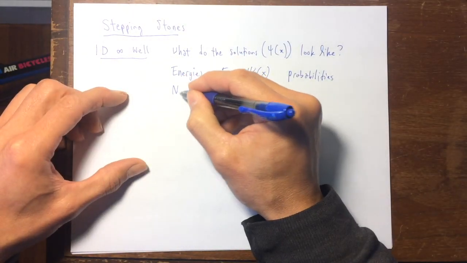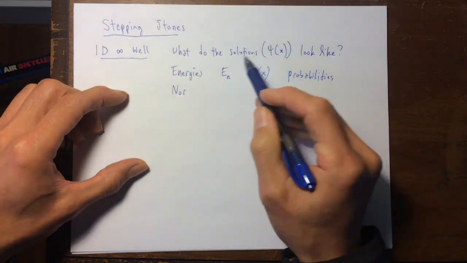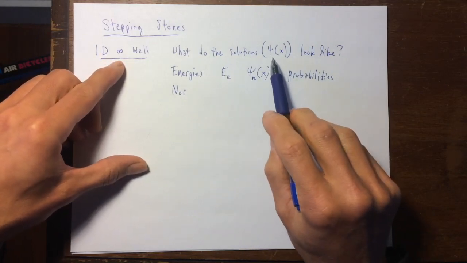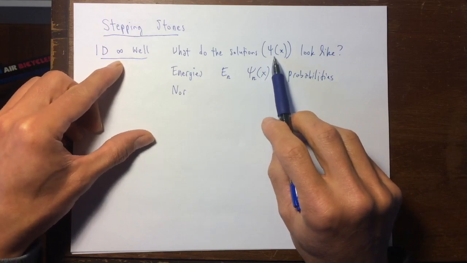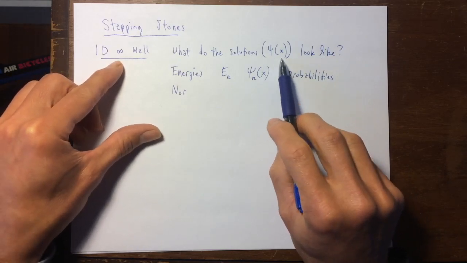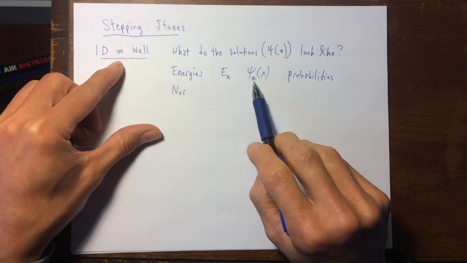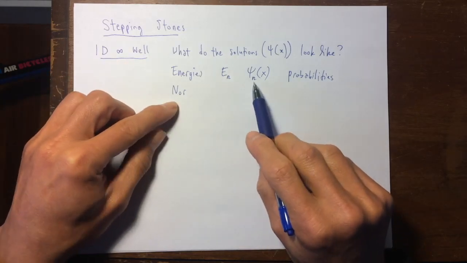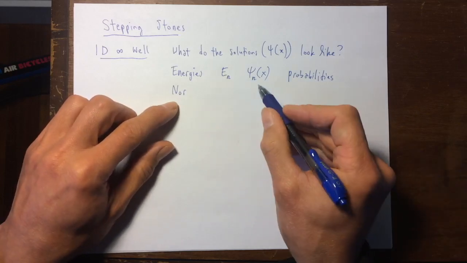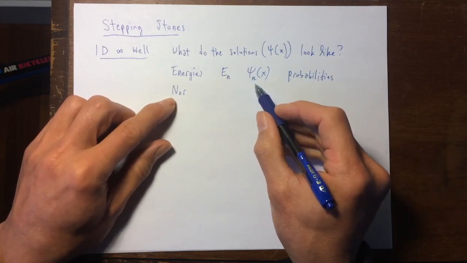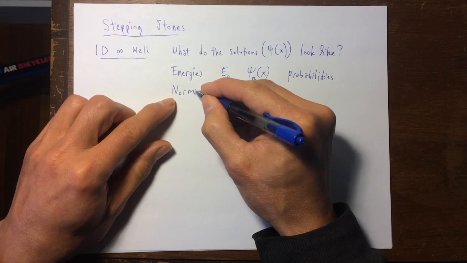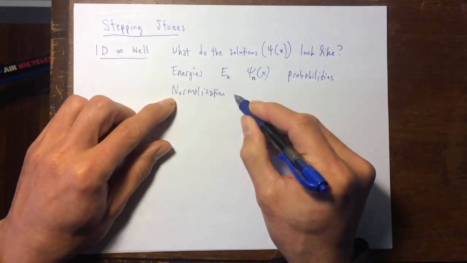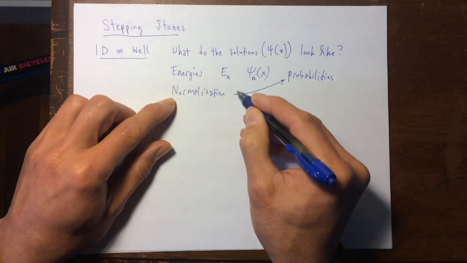You might wonder, what do these solutions look like? Did the book show you all of them, or tell you what they look like, or is there a limited number of them? How high does the number n go? Is n bounded? Does it start from 0, or does it start from 1? There is the issue of normalization, and what can you do with normalized wave functions?